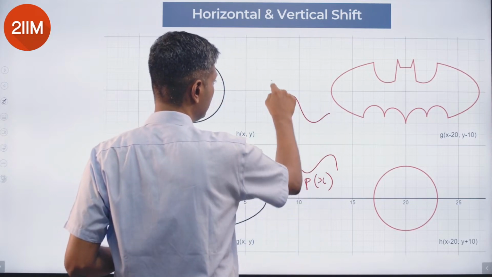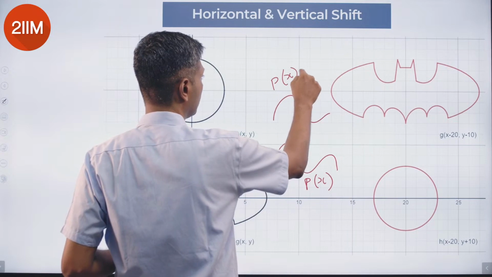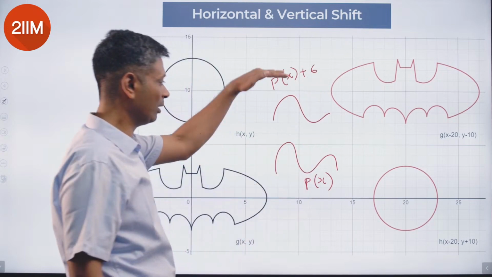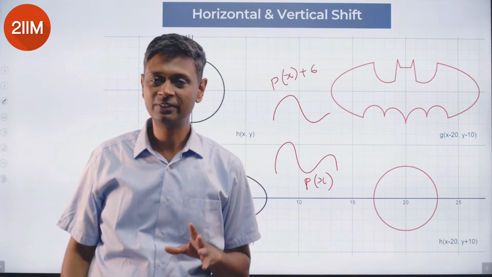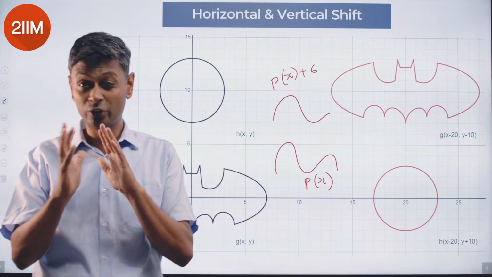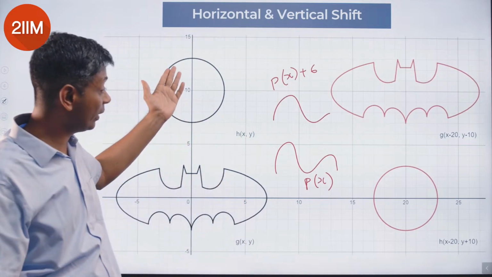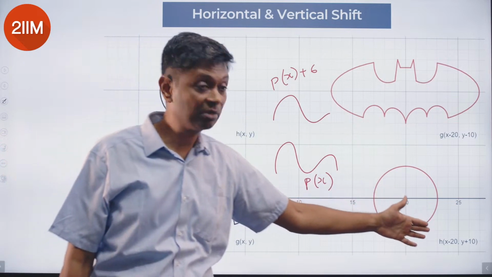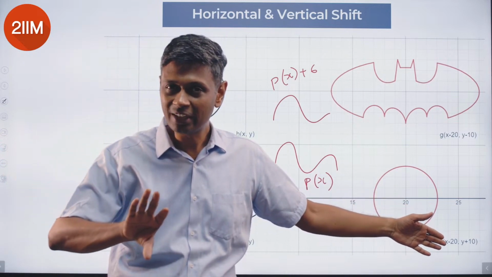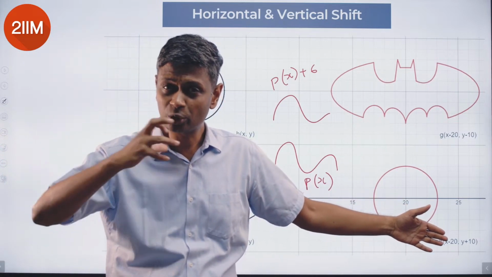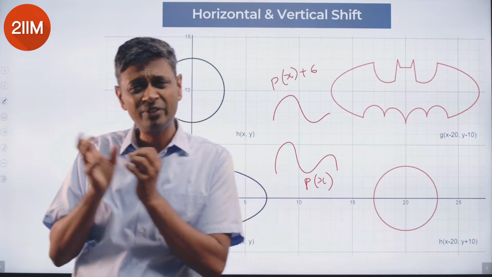This will be p of x plus 6, going up by 6. So there are slightly different ways of treating this: h of x comma y, h of x minus 20 comma y plus 10, I'm replacing x with x minus 20 and y with y plus 10. That is one way of thinking about it.